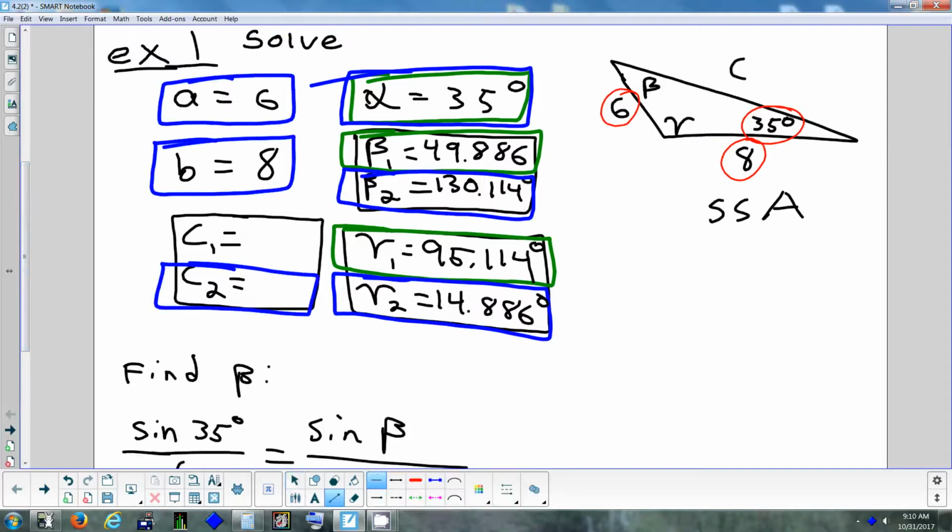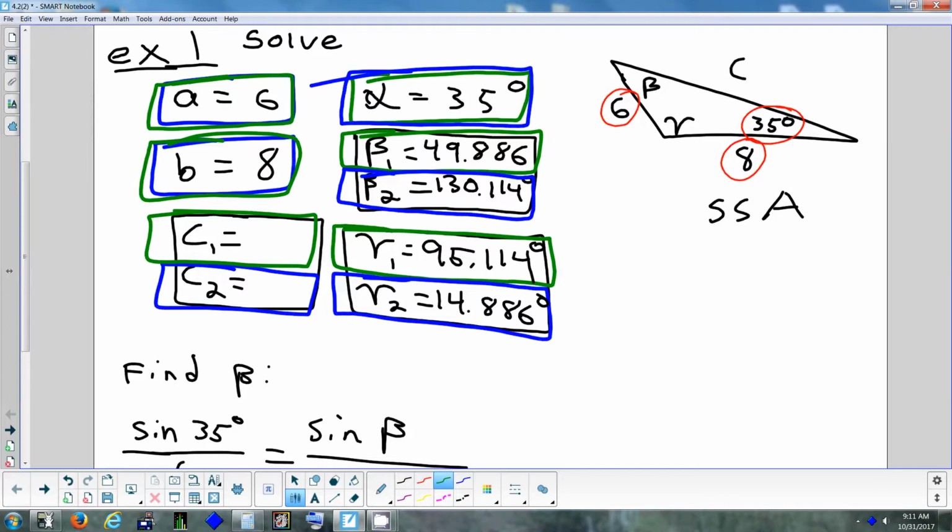And if you want to look at the green, A is in the green triangle, B is in the green triangle, and C1 is in the green triangle. So notice that first row, it's in both. Any questions on why we're going to use row A?